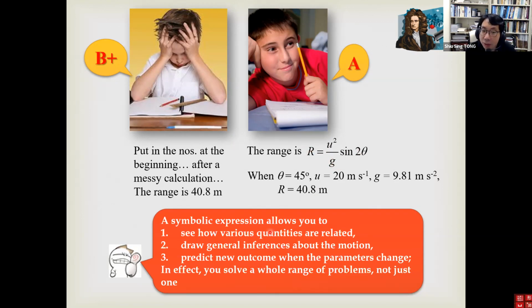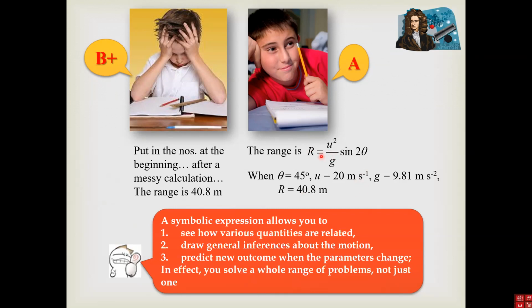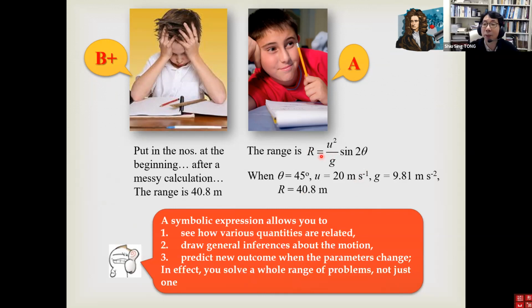That allows you to predict the new outcomes when the parameters change. So in effect, you are not solving only one problem, but you solve a whole range of problems, and that is very general. That allows you to apply the formula to different situations. So you solve a whole range of problems instead of just one problem.